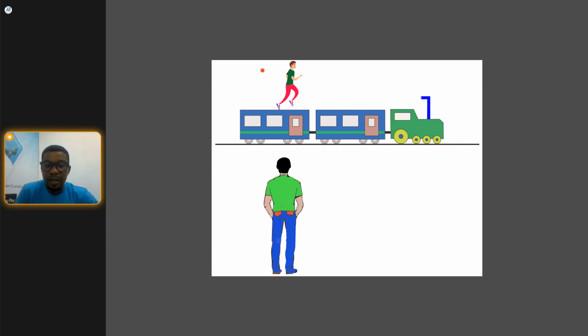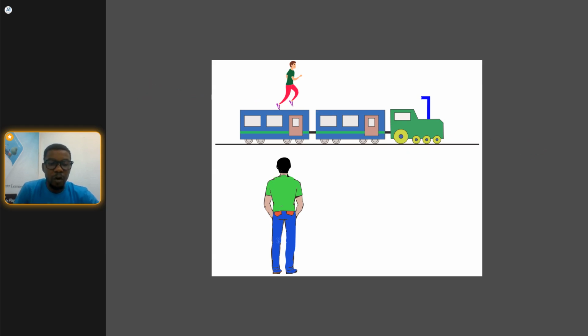In this case, the boy is not static. The boy is also performing motion by running on the train. So he's moving in the same direction with the train. The train also moves in the same direction with the boy.